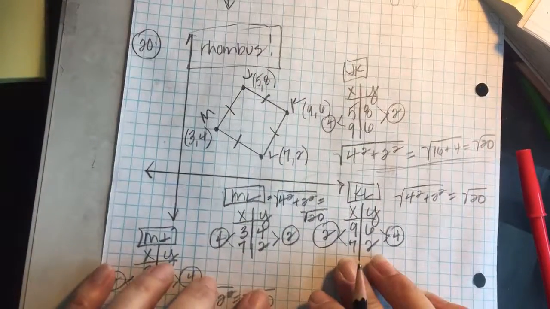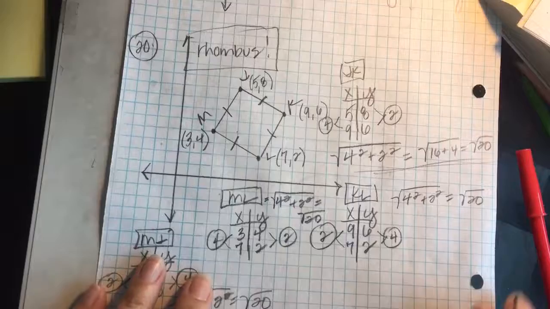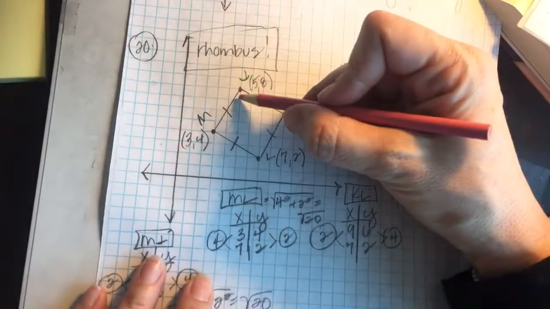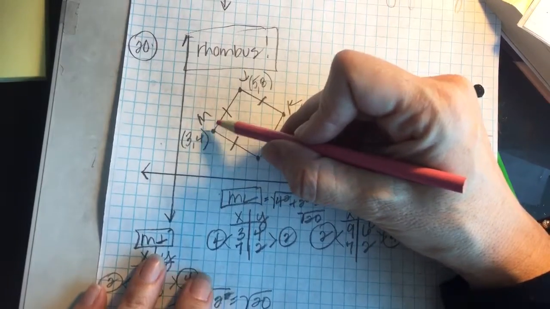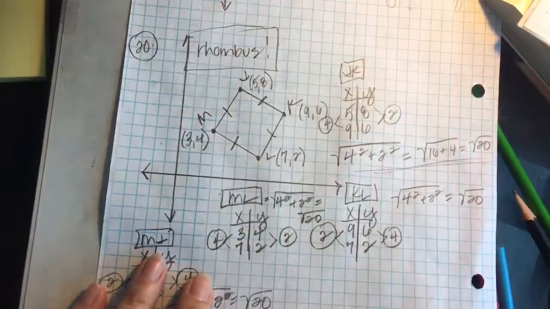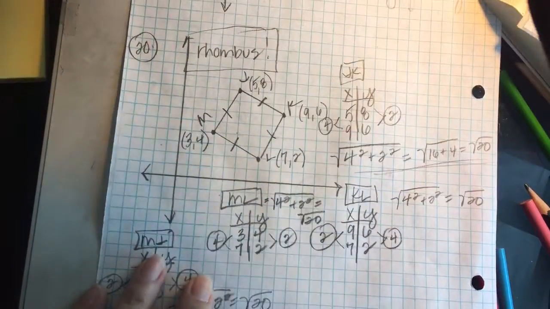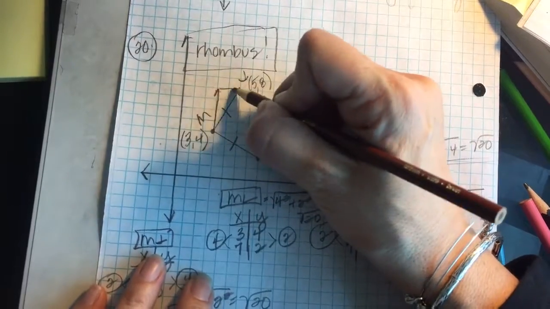If I want to go so far as to say that this is also a square, which I think I can, I need to compare slopes so I can see if each of these angles are right angles. If these angles are right angles, my slopes of the lines are going to be opposite reciprocals. Now, as I go around this drawing, I'm going to try to do this kind of simply here. M to J's slope is up 4, right 2.